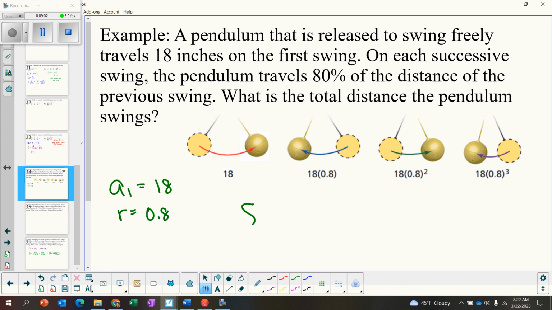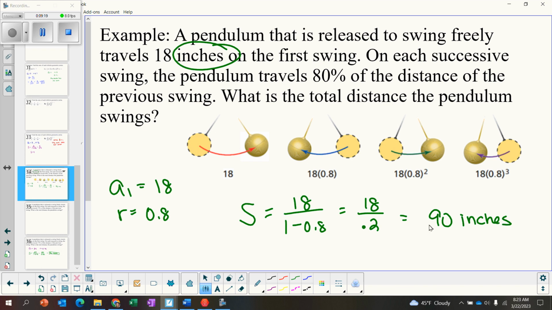So we can say that the sum is 18 divided by 1 minus 0.8. So that's 18 over 0.2, and that turns into 90. And since this was talking about a distance, in terms of inches, this would be 90 inches.